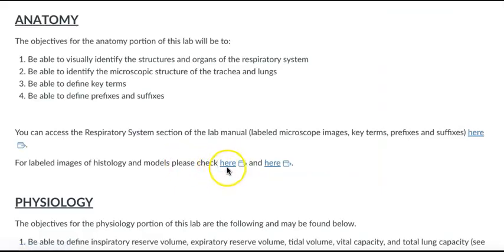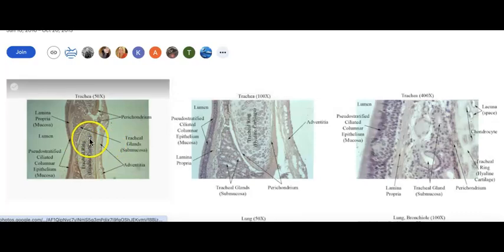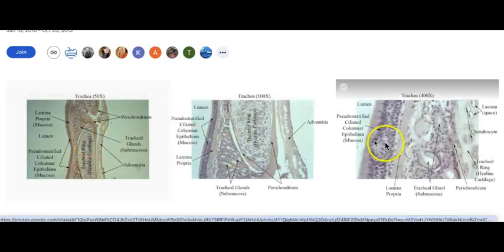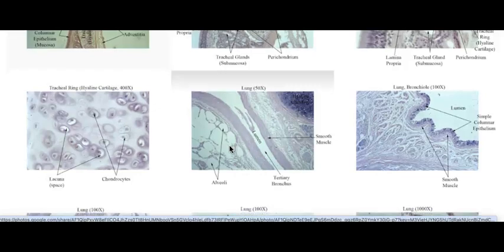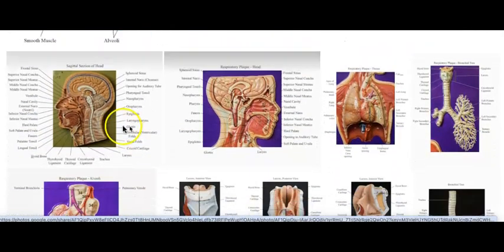And then if I go back to here and click on either one of these two links, it will take you to slightly different labeled images of the models. So let me just go to the first one. That's going to take you to this page, and as you can see, you'll have even more labeled images of the microscopic anatomy, which I think will be helpful for you. As you scroll down, they're a little bit busy, so I'm sorry about that.